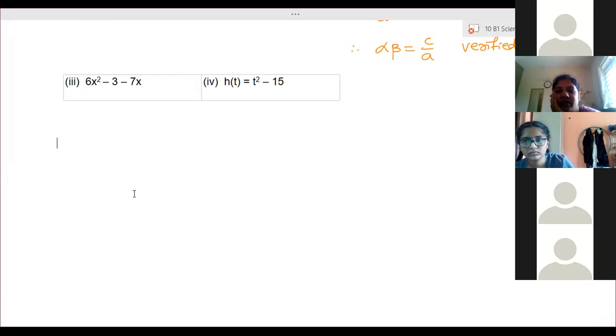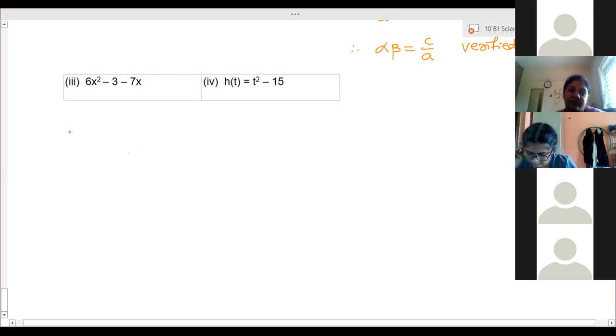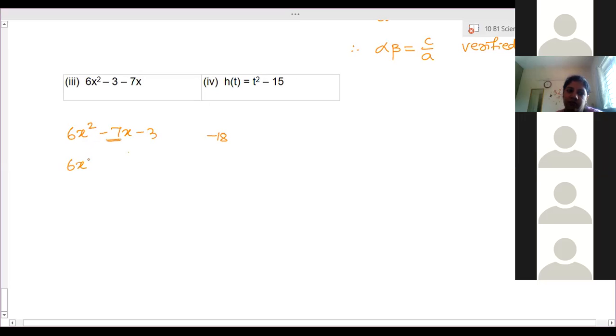What is the middle term here? 9x and minus 2x. 7x is the middle term. So you have to first write in proper order: 6x square minus 7x minus 3. And then 6 times 3 is 18. Product is minus 18, so the difference of the two terms should be minus 7. Minus 9x plus 2x.